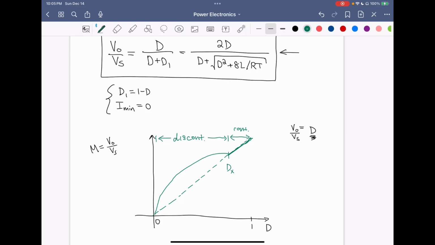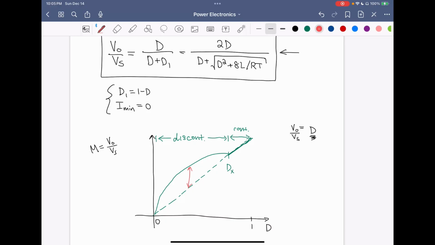This shows that in discontinuous current mode, for a given duty cycle, the voltage conversion ratio is larger than that for the same duty cycle in continuous mode.